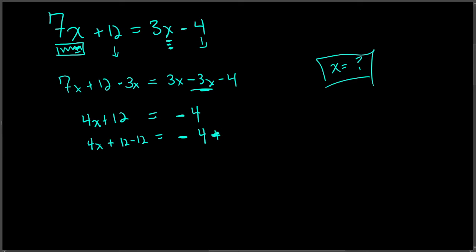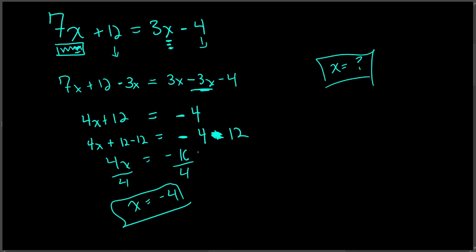Minus 12. And so I have 4x equals negative 16. And now to completely liberate x, I'll divide both sides by 4, and I have a statement of what my variable was.